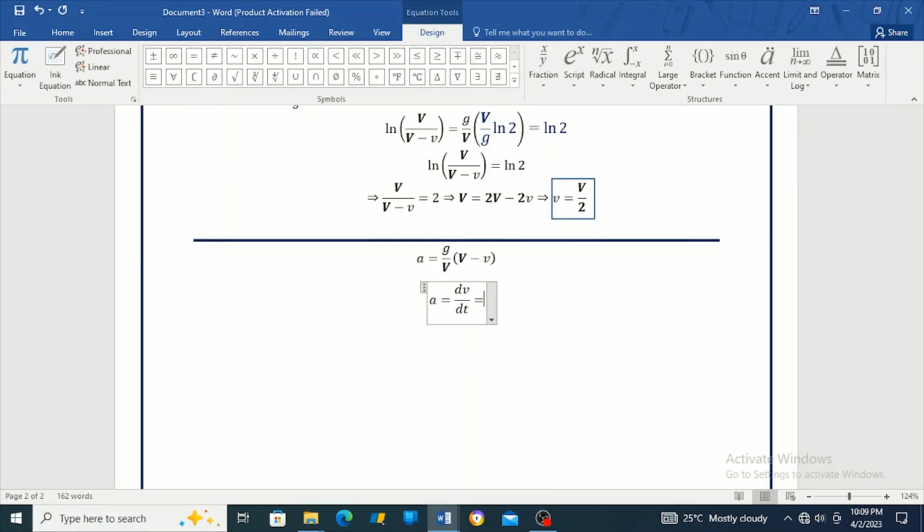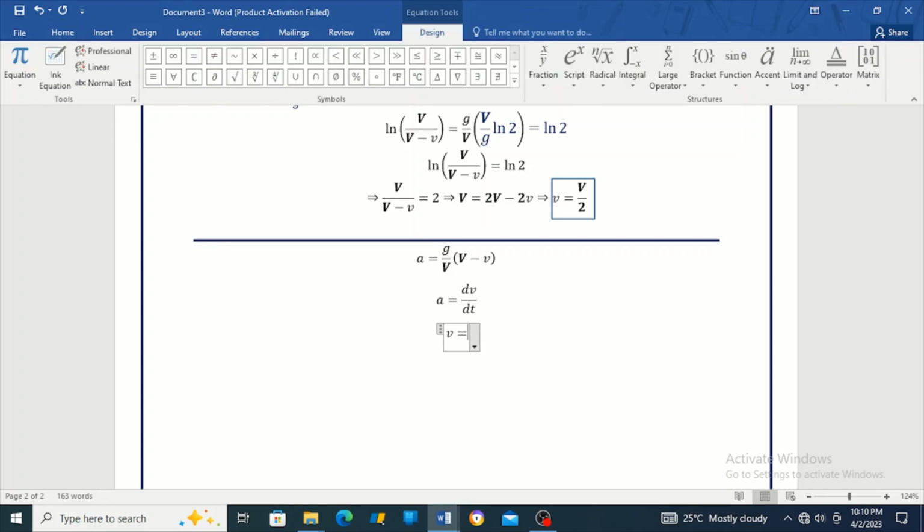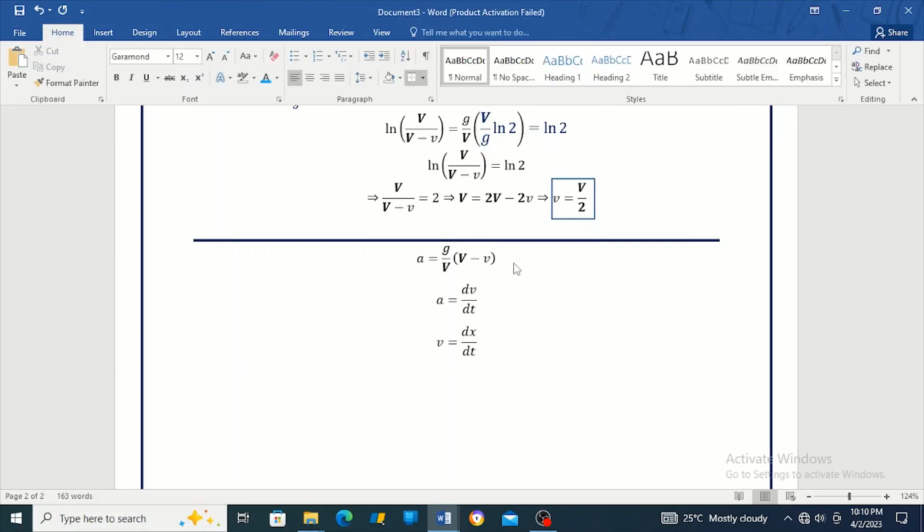Okay, but if we have the distance and we call the distance x, for example, then we know that our velocity is equal to dx by dt, where x is our distance. So with that said, what do we have?